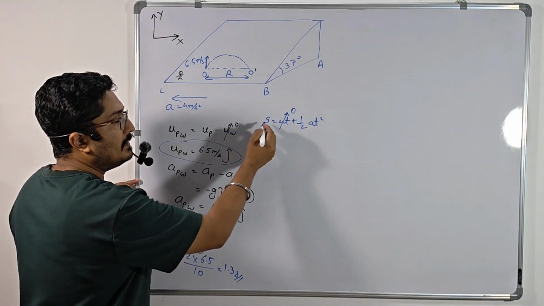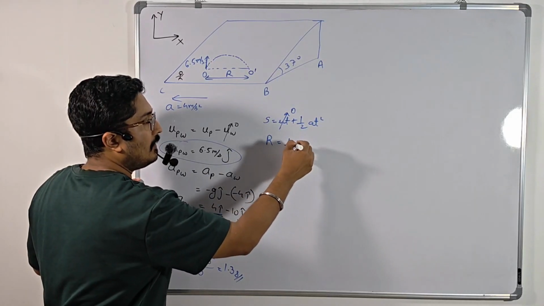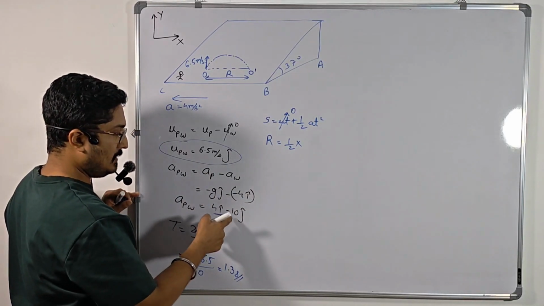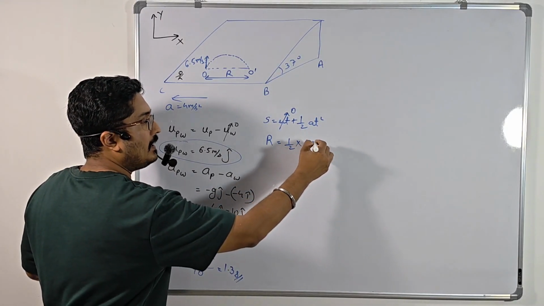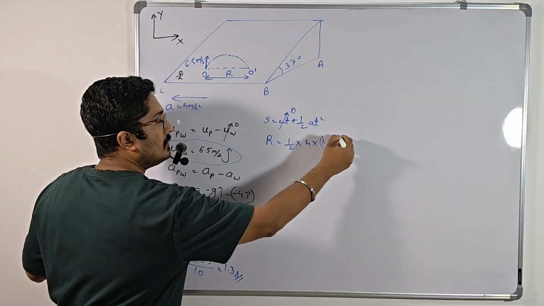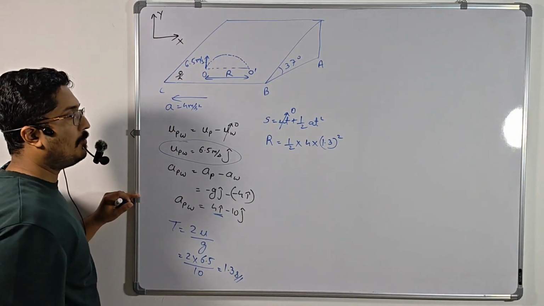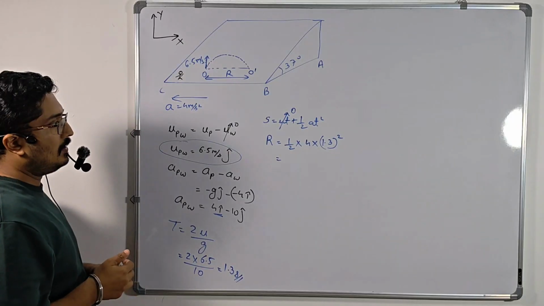So that is gone. And this S becomes the range the moment I substitute the acceleration, how much in the x direction? 4. And the time taken, I'm putting it as 1.3 square. That's it.